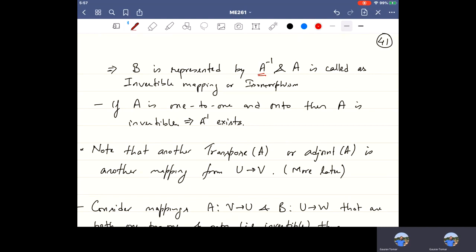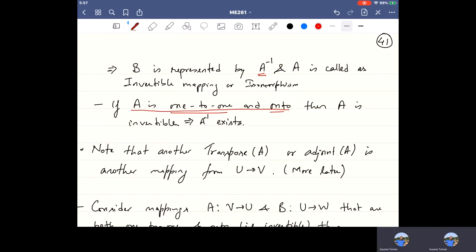So when would this exist? This may not exist for all mappings A. This will exist only for some special mappings. What is required is that A has to be one-to-one and onto.